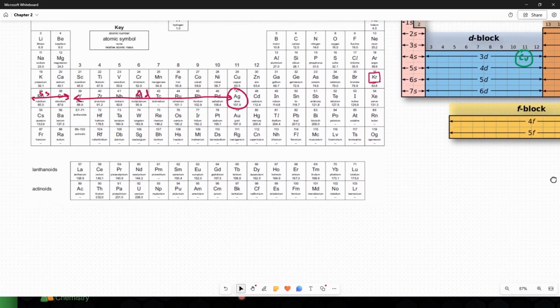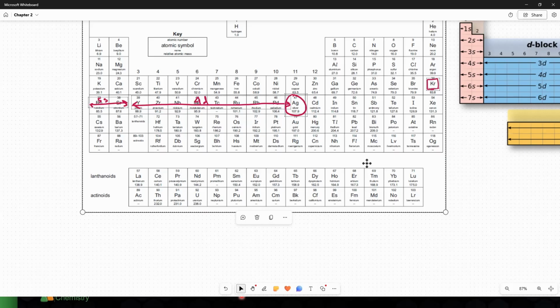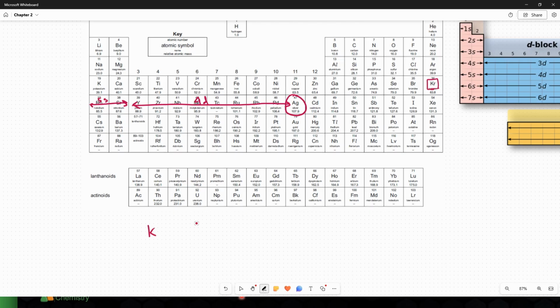We'll do it right here at the bottom. So we have krypton in brackets, and then we have 5s and then 4d. Again, because silver is in the same column of exceptions as copper, and chromium will be the same thing.